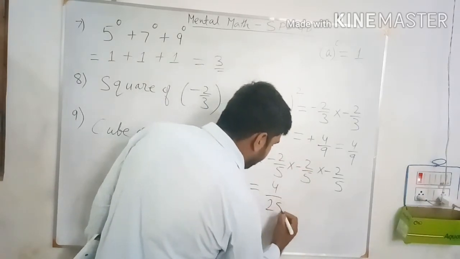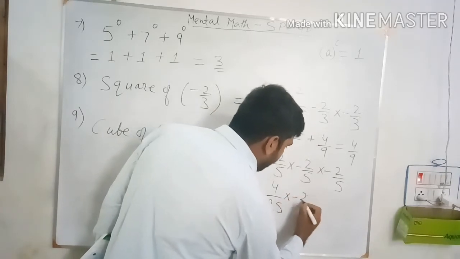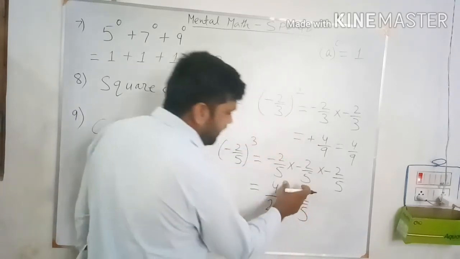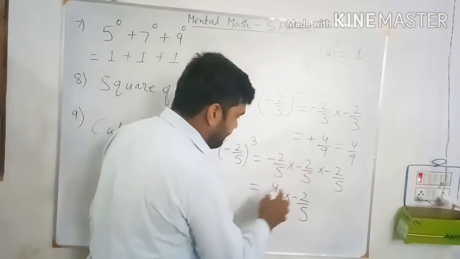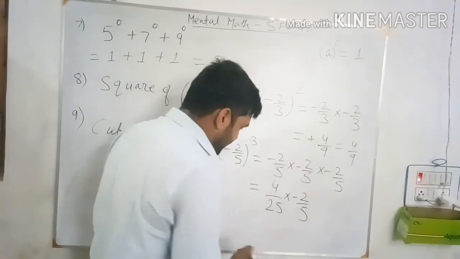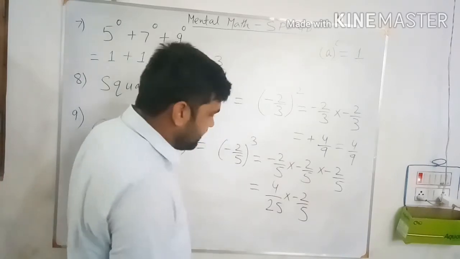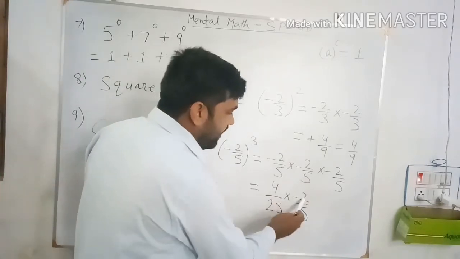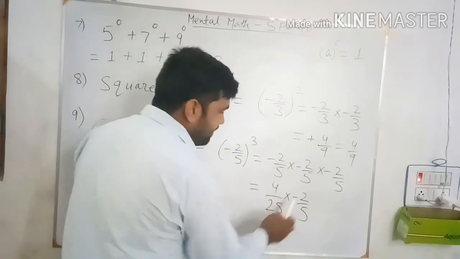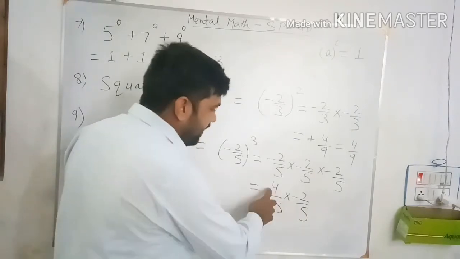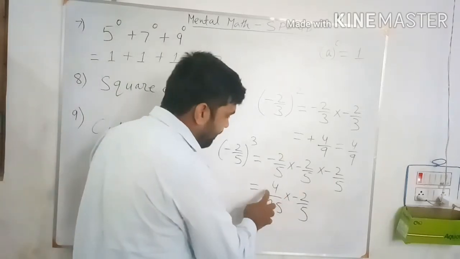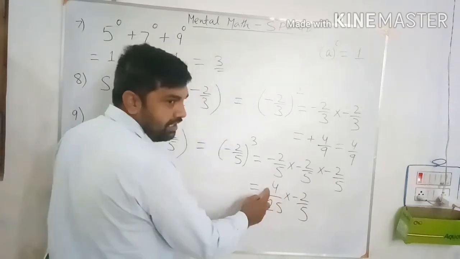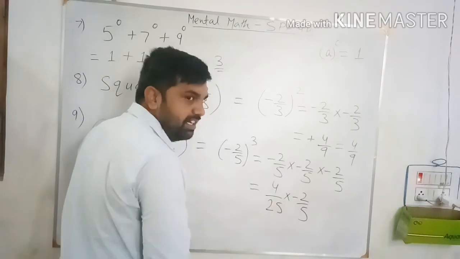So 4 by 25, multiply minus 2 by 5. These two factors I have multiplied first. Minus 2 into minus 2 gives you plus 4, and 5 5s are 25. Now in the next step, multiply this 4 and minus 2. Plus 4 multiplied by minus 2 gives you minus 8, because the product of a positive and a negative sign gives you a negative.